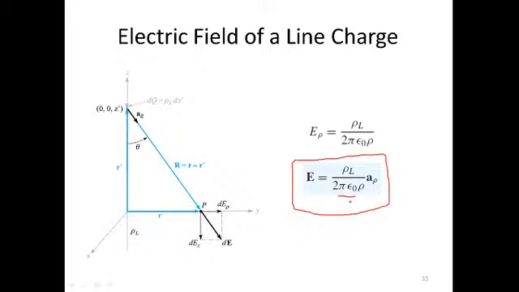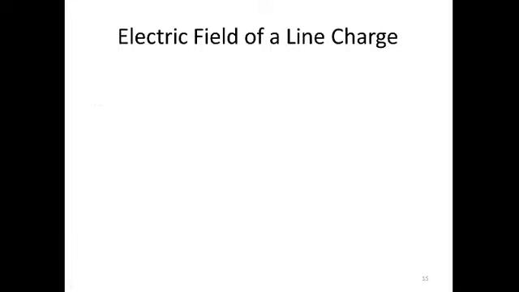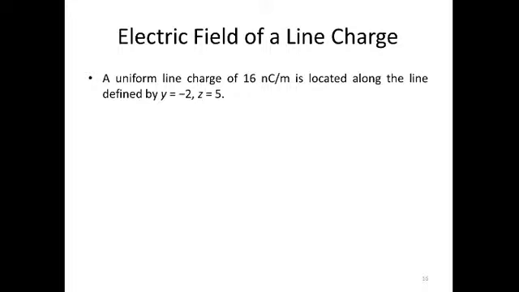Now let us practice a few simple problems that may come to your examination. So let us have the first problem statement for this topic. A uniform line charge of 60 nanocoulomb per meter is located along the line defined by y is equal to minus 2 and z is equal to 5.